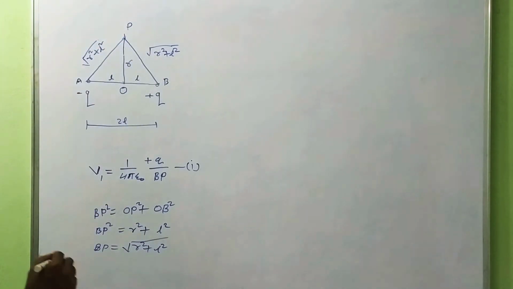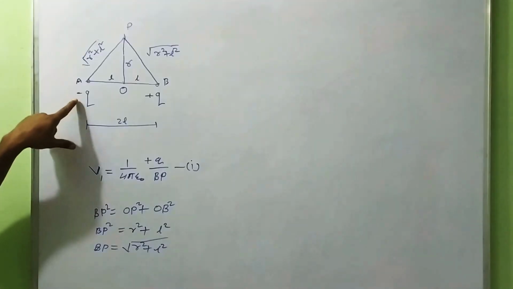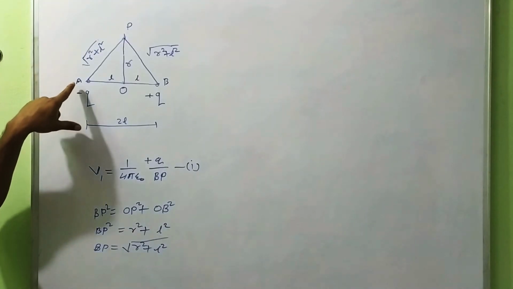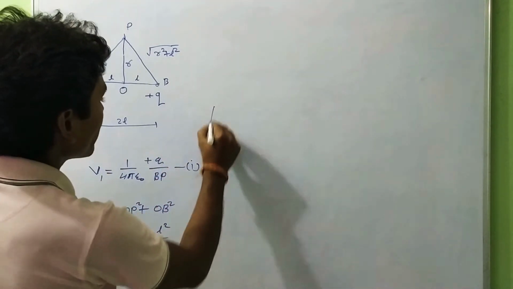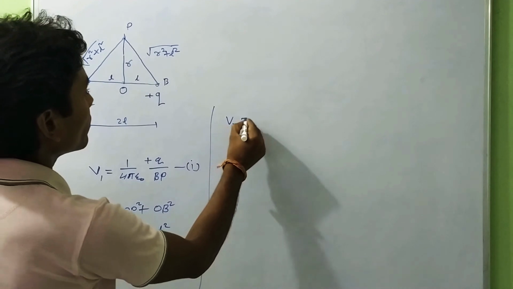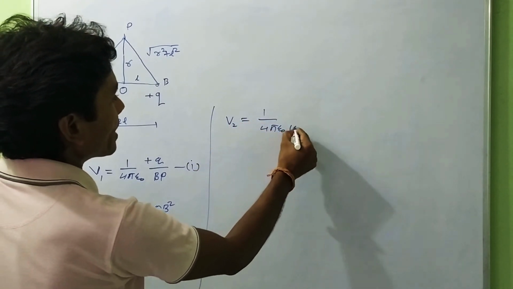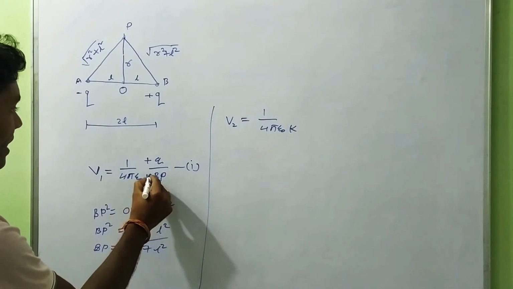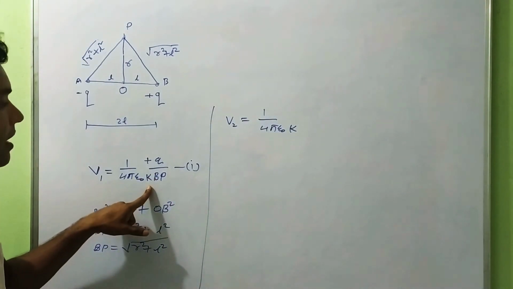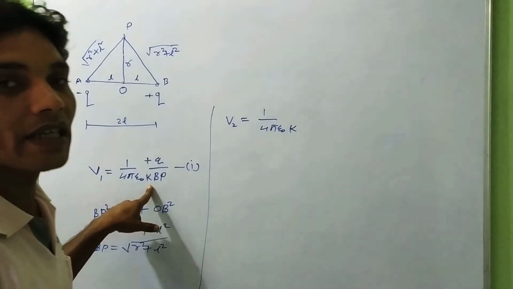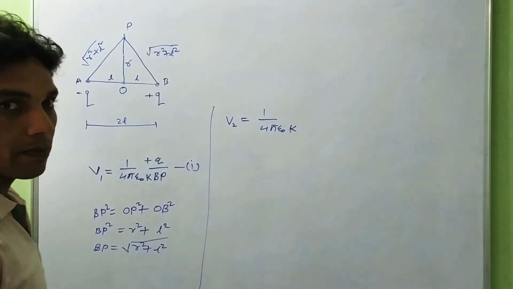Now the electric potential at that point from A due to minus Q charge will be V2 equals 1 upon 4 pi epsilon naught K. Here we can also write K, where K is the dielectric constant of the medium where this electric dipole is placed.